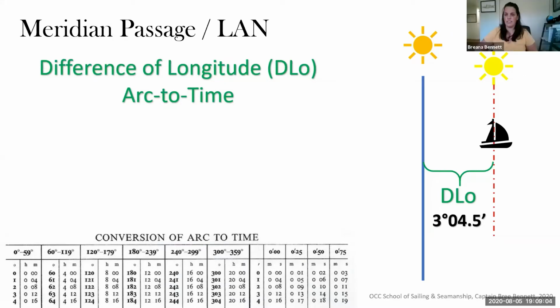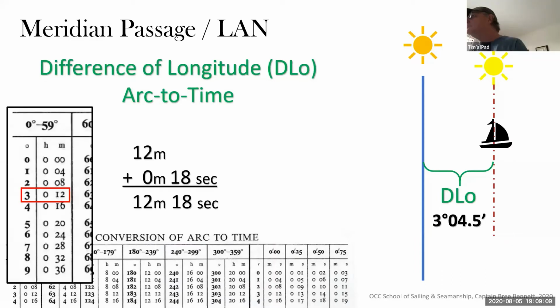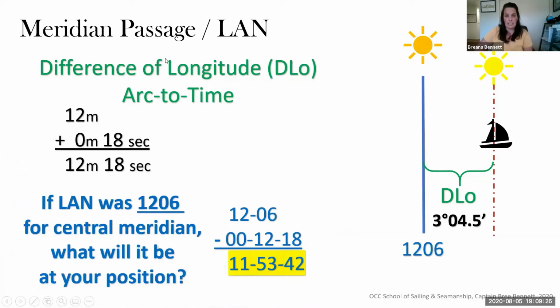Any guesses? So I'm going to say 12 minutes 18. Yes, 12 minutes, 18 seconds. There we go. So we got a 12-minute and 18-second difference, but this time it's going to happen to us before it happens on that central meridian, right? So we're going to be subtracting.